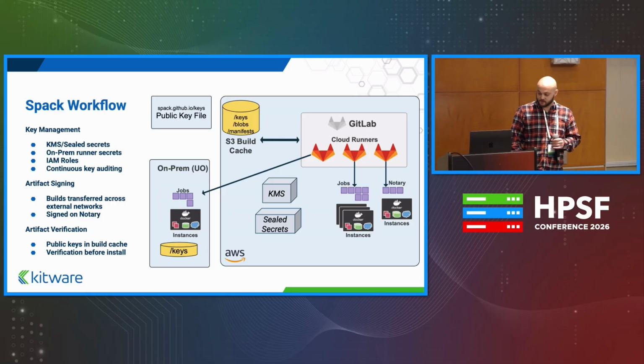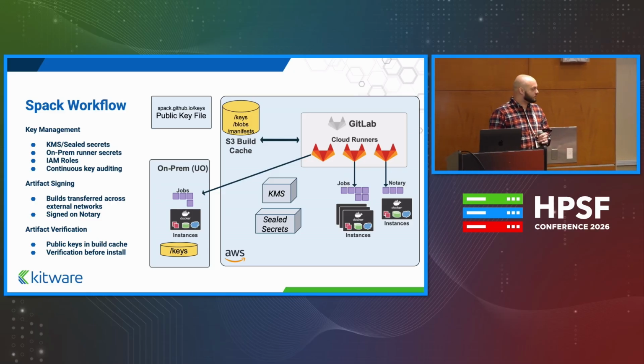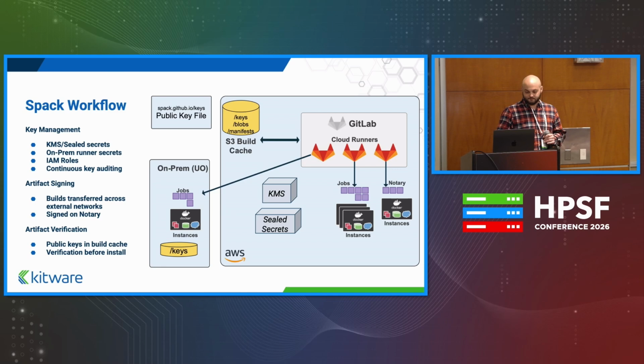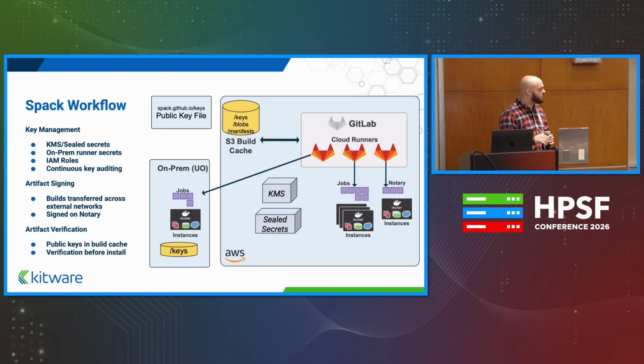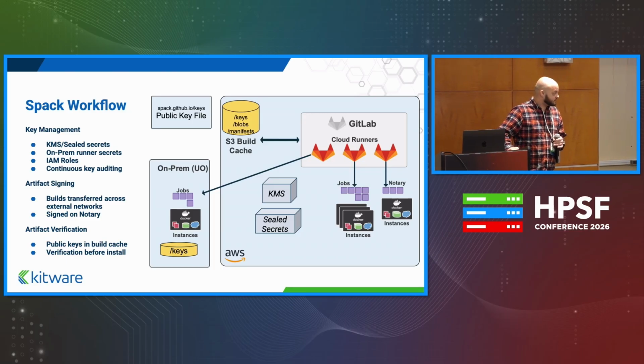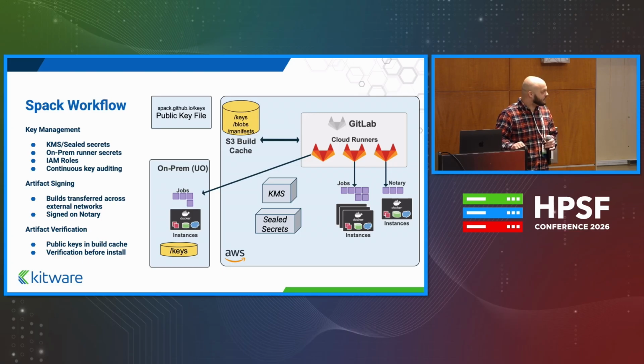We have sealed secrets that are decrypted with those. And these will let us mount secrets onto our cluster nodes inside AWS, as well as a very special notary node that gets additional permissions that no other node in the cluster can have.